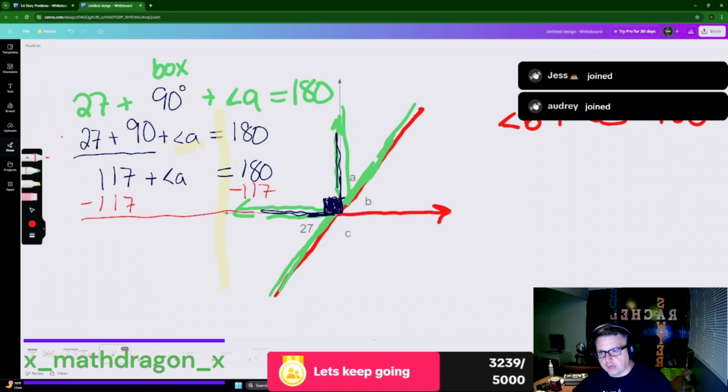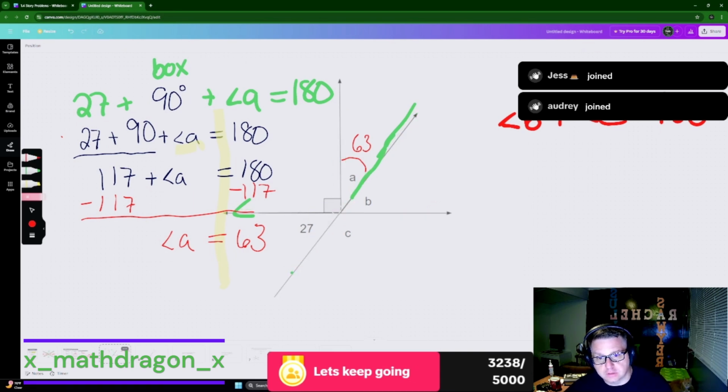That's the subtraction property of equality. And I'm going to get angle A equals 63. I think so. So that means this angle right here is 63 degrees. Which is great. But what do I do with that? Well, let's take a look.